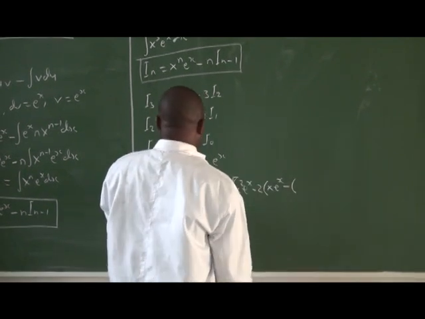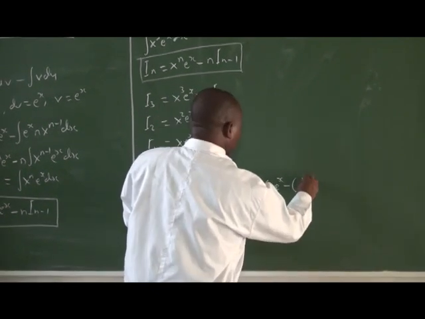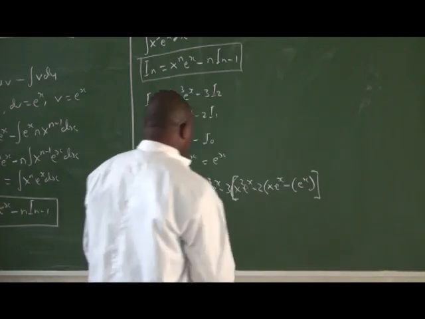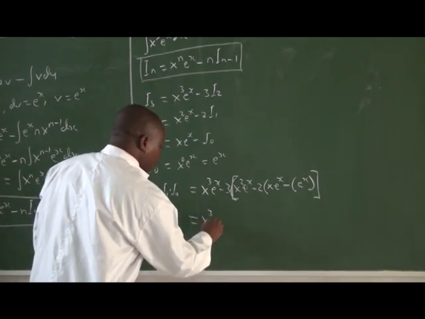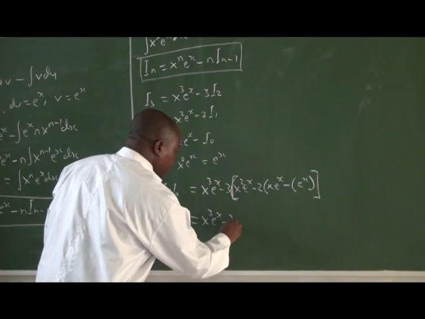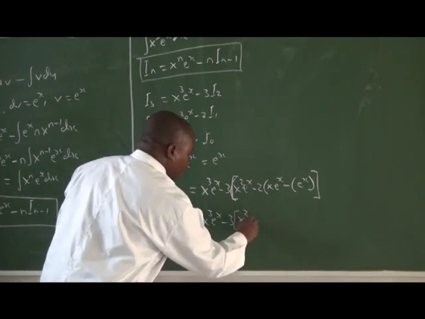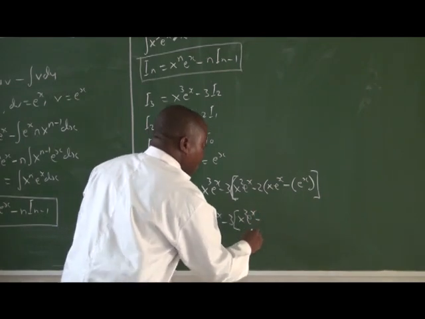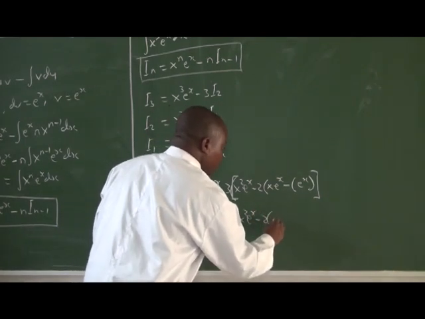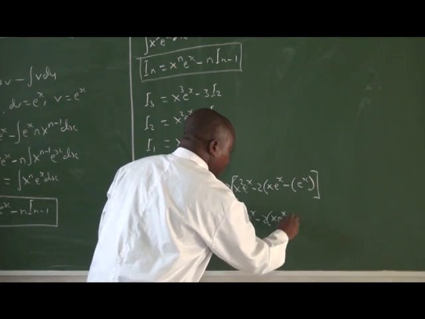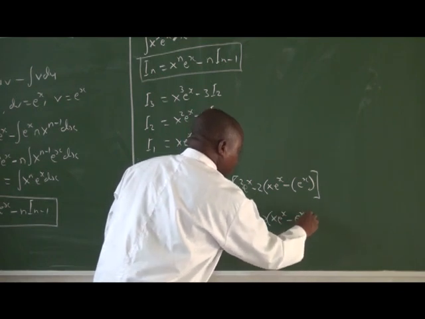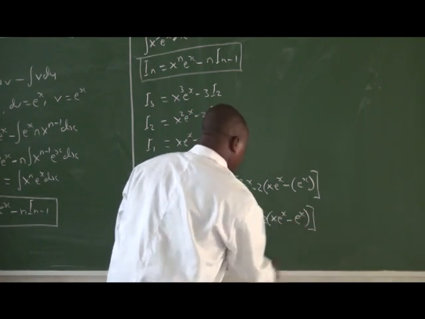Okay, so I_0 is e^x. Look at that. So I will now have x cubed e^x minus 3 times x squared e^x minus 2 times x e^x minus e^x.